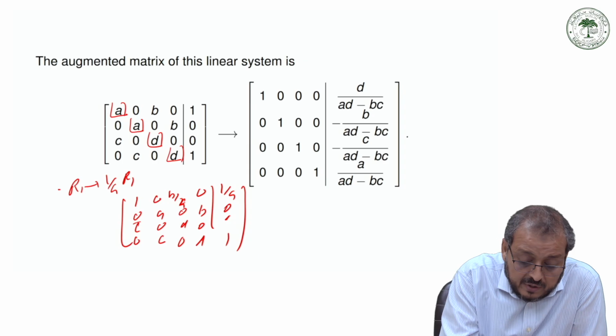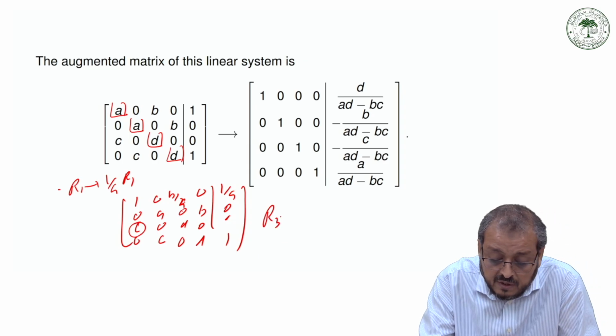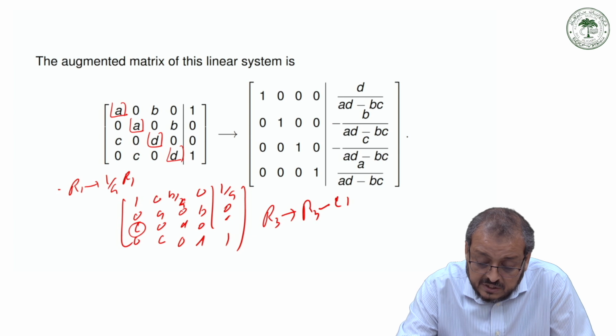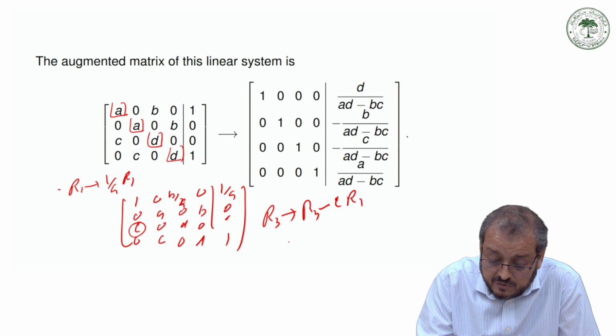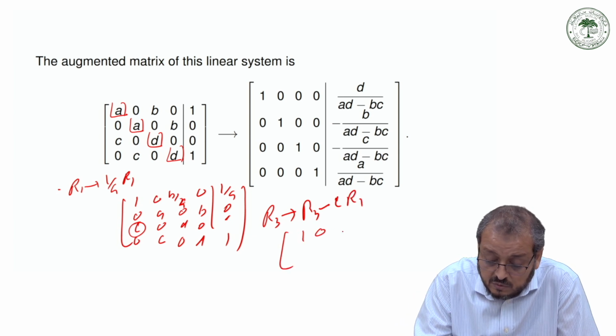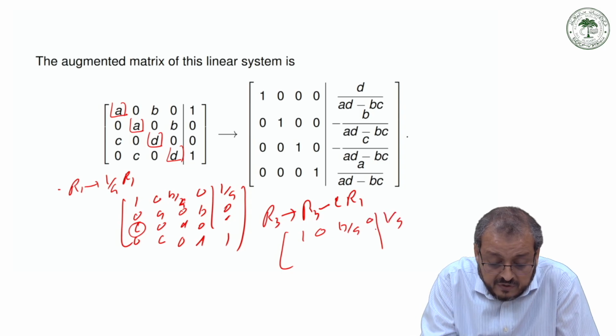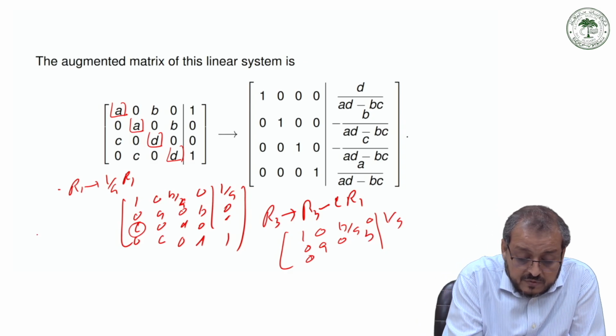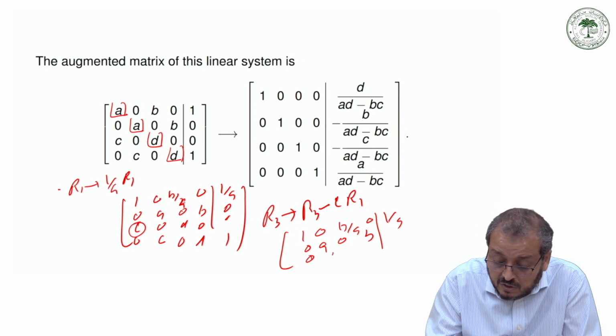Next step we have to make c zero. That means R3 can be replaced as R3 minus c times R1. So the first row is 1, 0, b/a, 0, 1/a as it is. Now 0, a, 0, b, and now this is 0. This can be c minus this, so 0 minus 0 is equal to 0.